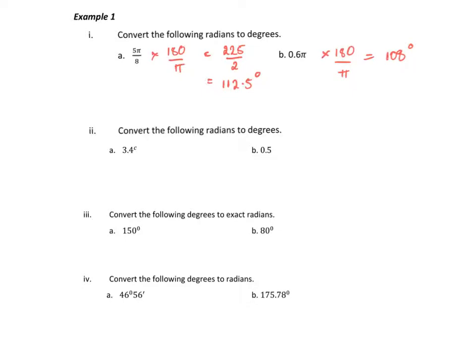Keep going with these ones. 3.4 radian, so we still know that they're radian because of the c, so we're going to times by 180 on pi, straight into the calculator, and we get 194.81 degrees. And same thing over here, times by 180 on pi. I think there should be a radian there as well. And for this one, we get 28.65 degrees.